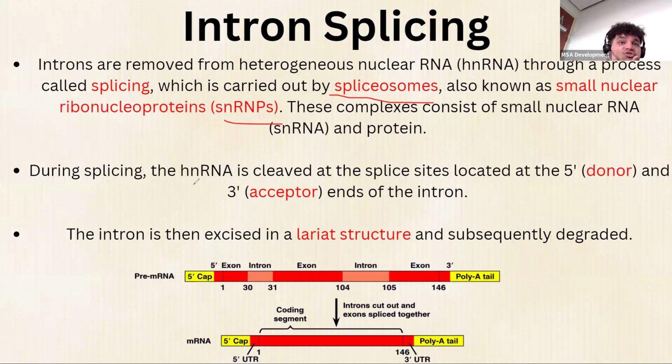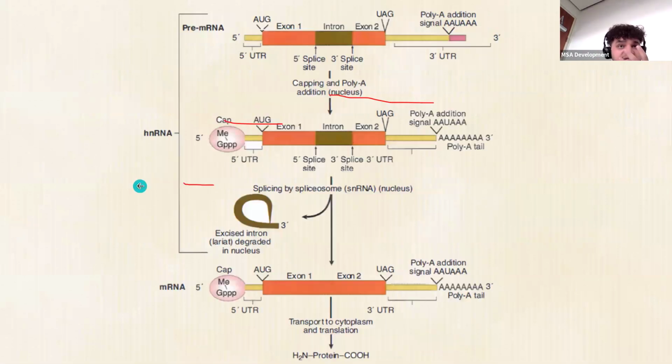During splicing, the hnRNA is cleaved at the splice sites located at the 5' and the 3' ends of the intron, also called donor and acceptor. Do you need to remember the names? Yes, you do. On the intron, the 5' end is called the donor site, and the 3' end is called the acceptor site.